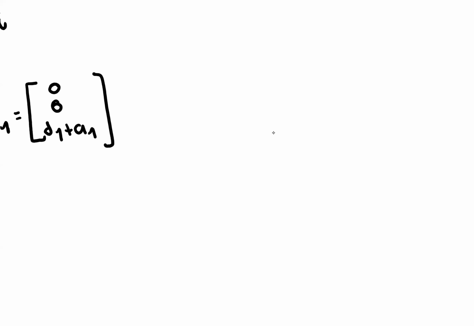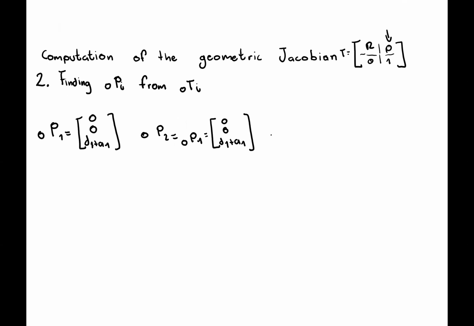Then 0p3 is equal to d3 plus a2 times cosine 2, d3 plus a2 times sine 2, d1 plus a1.